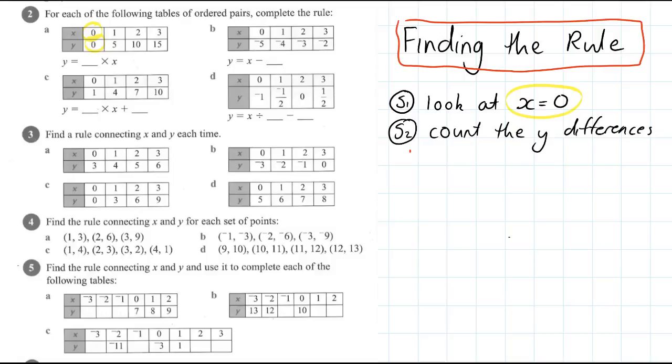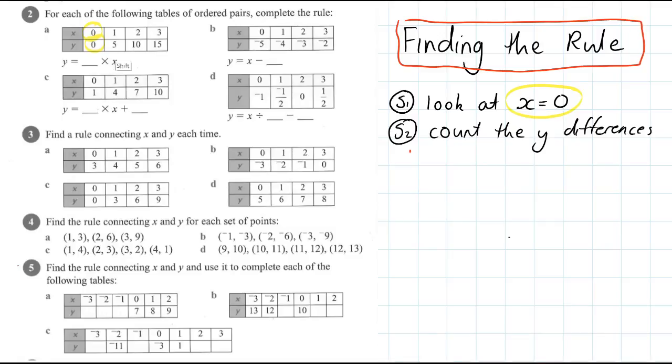So that'll straight away tell you if there's a plus or minus bit. On this first one, you've got 0 as x and 0 as y. So there's no plus or minus bit, because if there was, y would be that plus or minus bit. So we know there's no plus or minus.